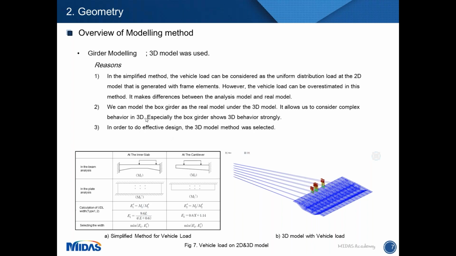Second one, the box girder shows complex behavior, and also the effect of cables should be checked. In addition, I needed to check the effect of several load cases in more detail. Therefore, the 3D model was used. So this is the sample model.